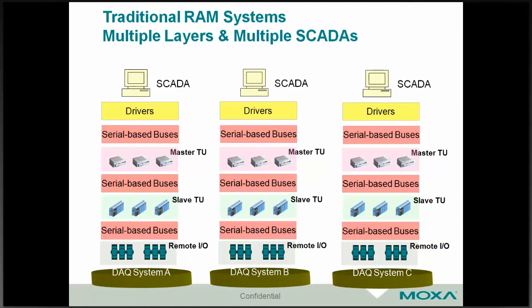The problem with this type of system is that if one node goes down, you have to go through the entire system trying to find out where the problem is actually located. And because all the I/O sitting in the field has so many different protocols, you also have to set up very large protocol conversion servers in the backend, trying to get all those data into your backend SCADA.